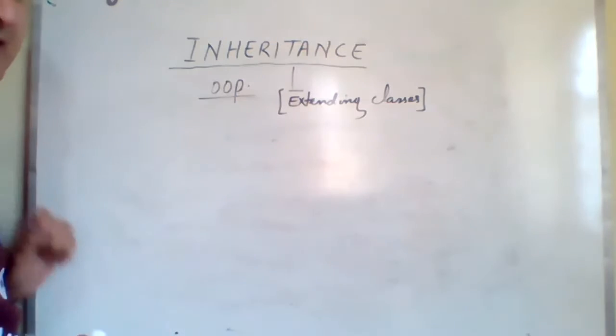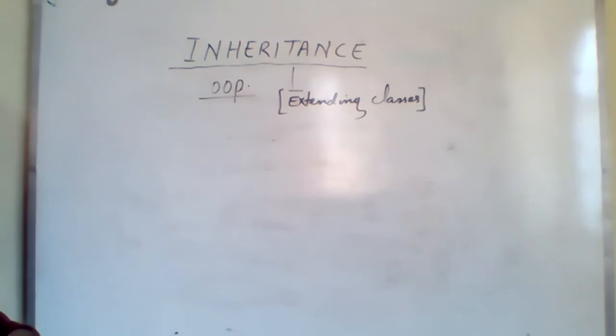What does that mean, extending classes? Can we extend classes? Can we have a new class with the features of an already existing class? The answer lies in the inheritance feature of object-oriented programming.